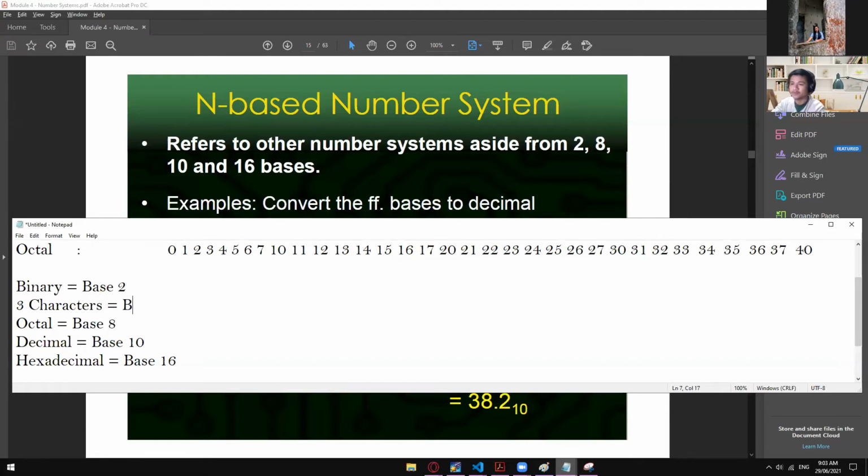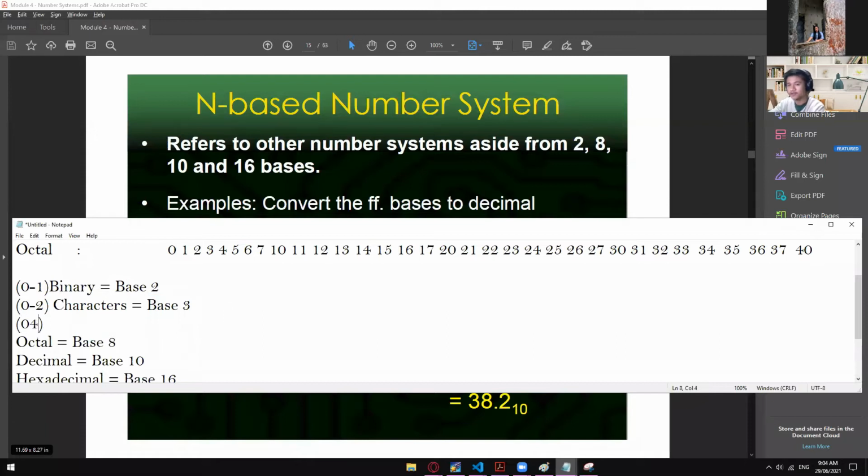In here we call that base 3. This one is 0 to 1. Let me arrange this properly. But what if you have 0 to 2? That's the best representation of base 3. So 0 to 2 is called base 3.